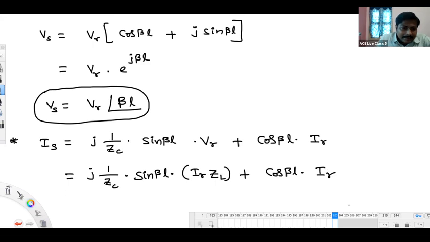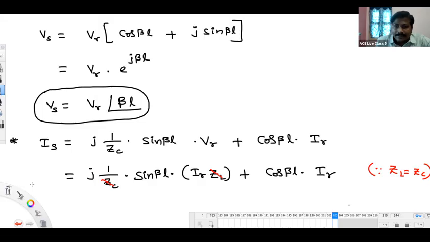Already we said that ZL and ZC are equal, so let's cancel them, since load impedance and surge impedance values are equal. All these things we are doing under steady state only. Under what chapter are we discussing these things? Steady state or transient?